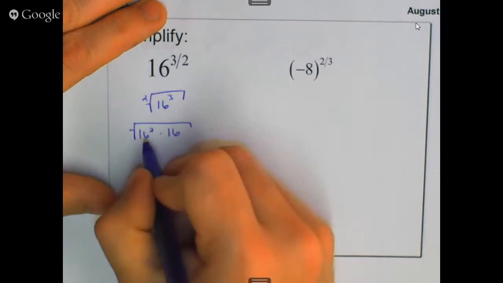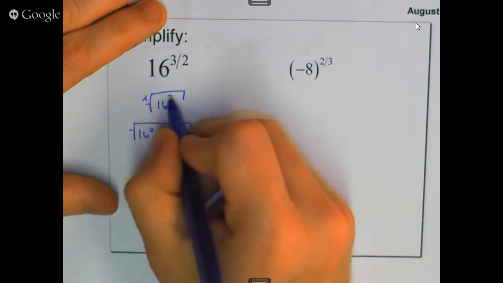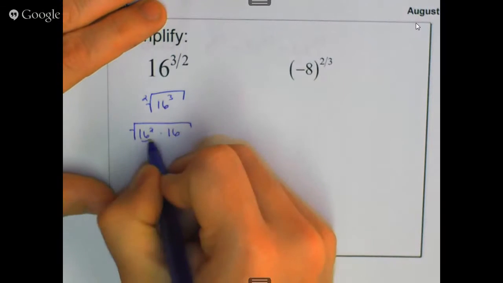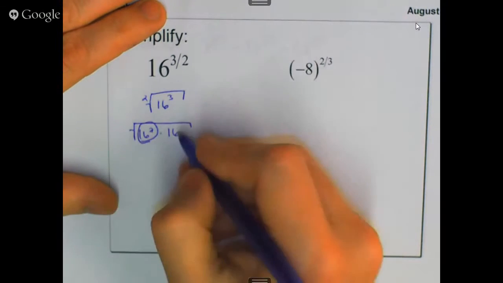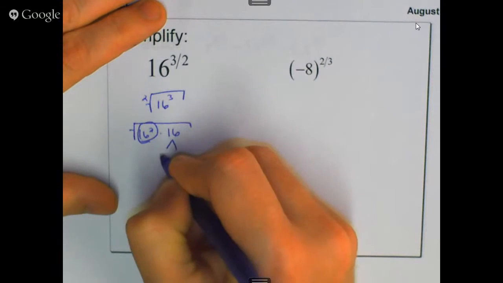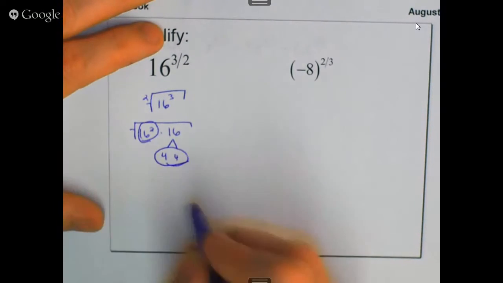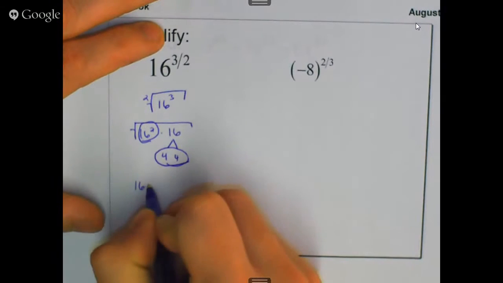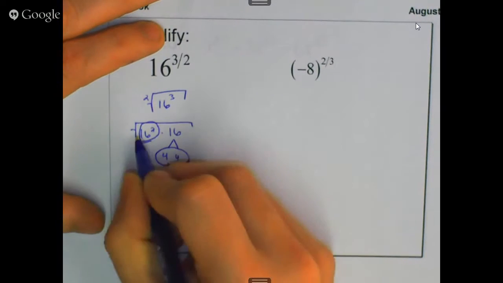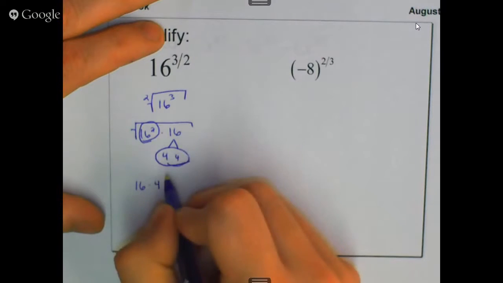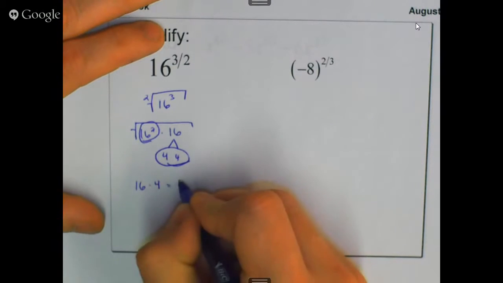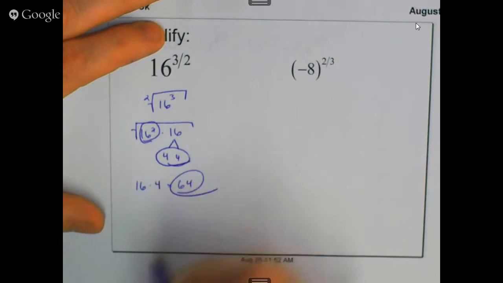Well, would you agree that 16 squared times 16 is 16 to the 3rd? And looky there, there's a group of 2 right now. Then I'll break this down, 4 and 4. Oh, look, there's another group. So I'm bringing out a 16 and a 4, but there's nothing left underneath my radical. So 16 times 4 is simply 64.